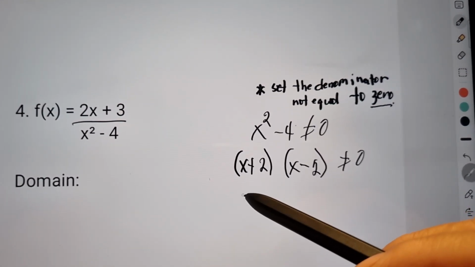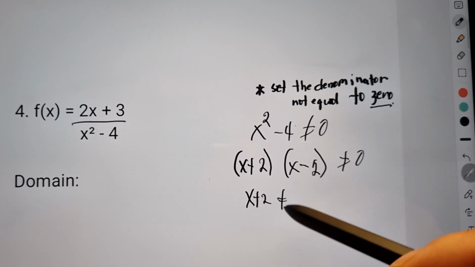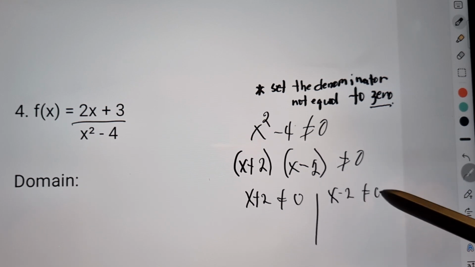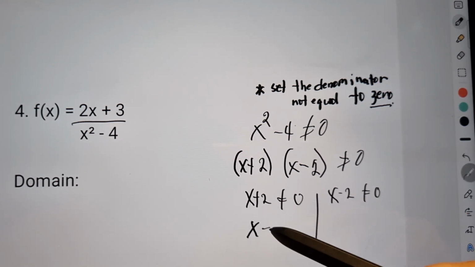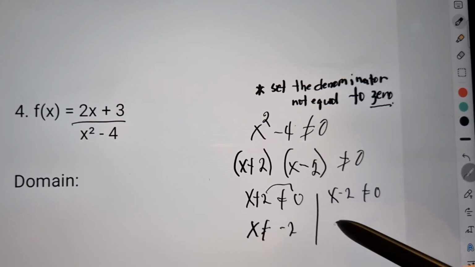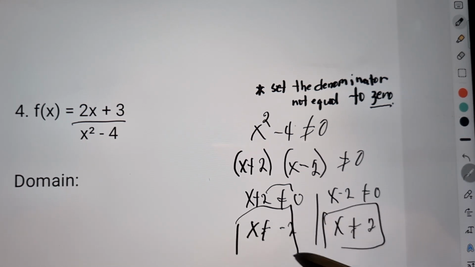So, ang gagawin na natin para ma-solve natin yung x, x plus 2 not equal to 0. Dito naman sa kabila, x minus 2 not equal to 0. So, we can now, x lipat sa kabila, maging negative 2. So, x not equal to negative 2. Dito naman, x should not be equal to positive 2. So, ayan, dalawa ngayon ang values ng x natin na hindi pwedeng i-substitute.